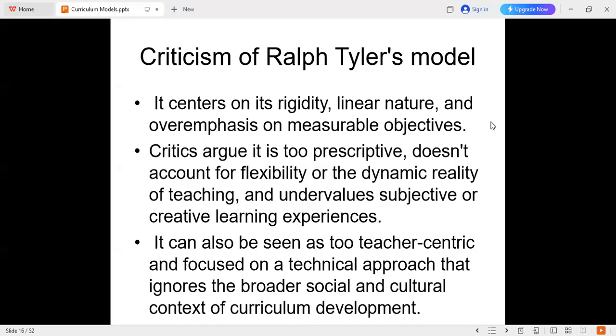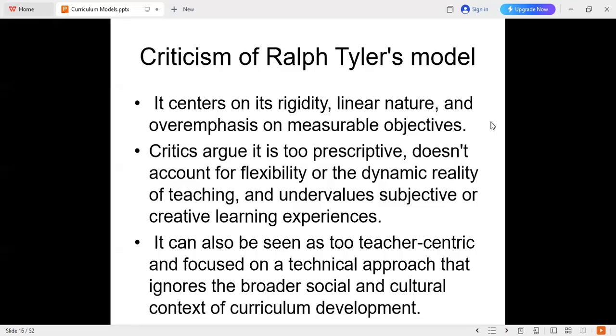Actually, this curriculum mentions the teacher's role, teaching, and the student's role, following the teacher.